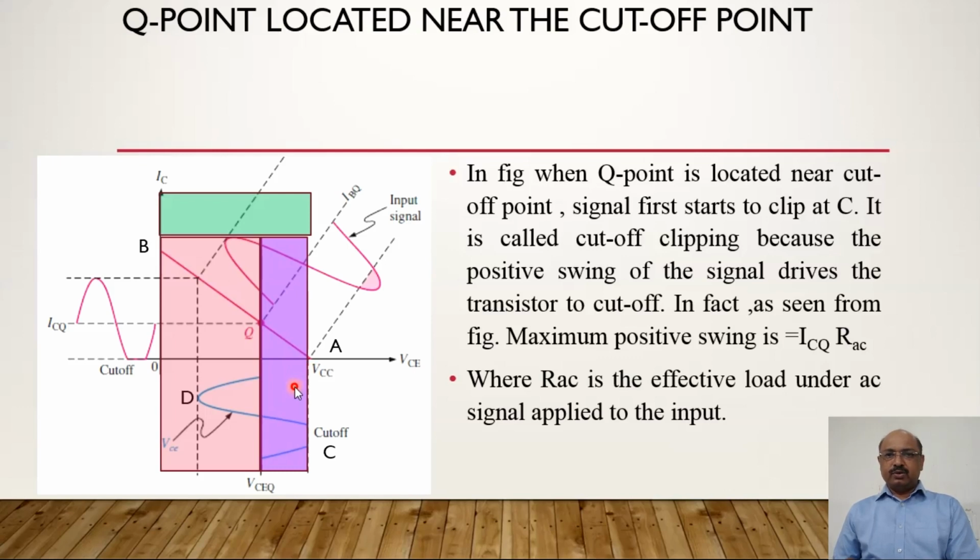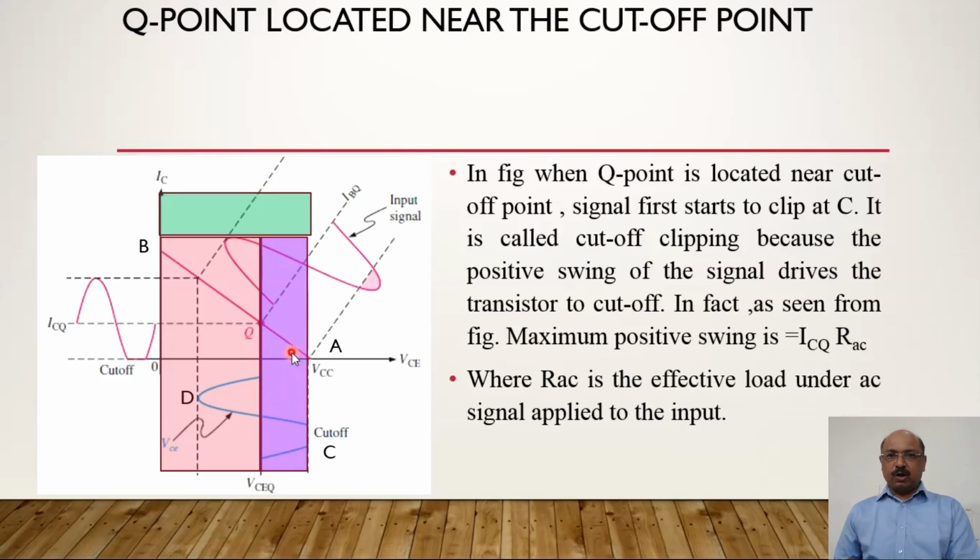So here you can clearly see that the distance covered by VCEQ is higher than the distance covered by ICQ RAC, but to get an undistorted output waveform, we have to utilize only this much area of ICQ RAC. So the rule is, select the minimum value out of these two quantities.